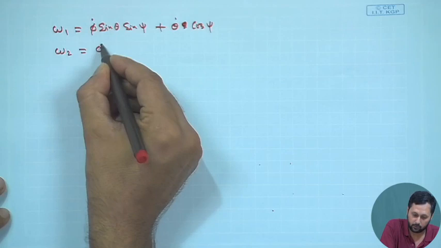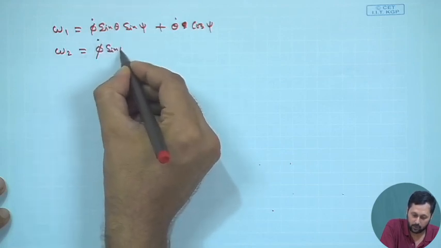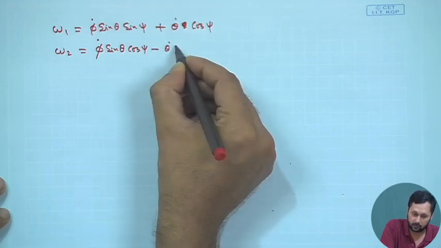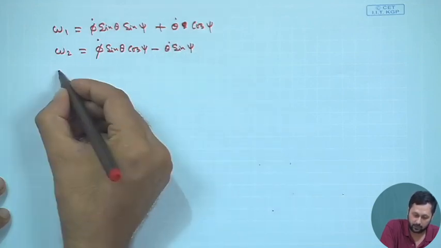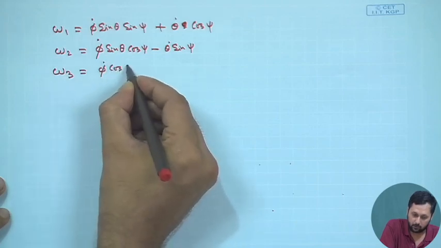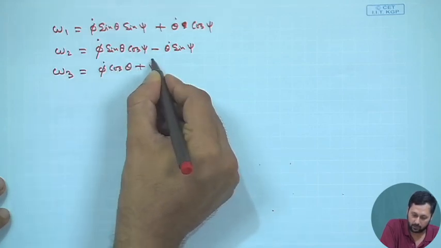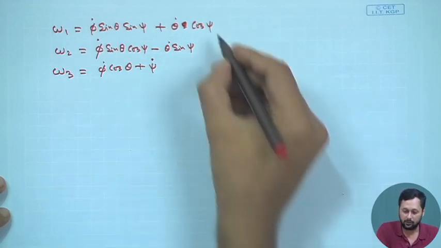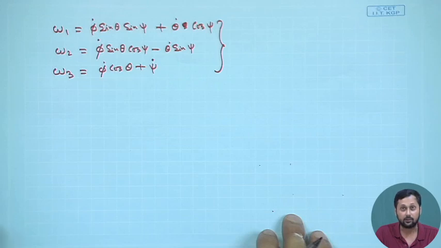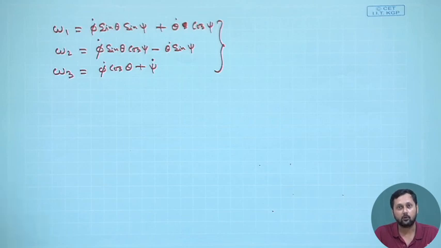Omega 2 is equal to phi dot sin theta cos psi minus theta dot sin psi, and omega 3 is equal to phi dot cos theta plus psi dot. So, these three are the set of Euler's equations. These three are the expressions which correlate omega 1, omega 2, omega 3, expressed once again in the body frame.